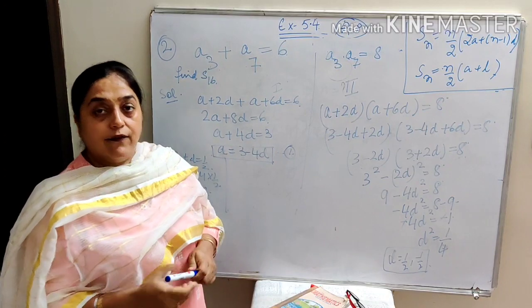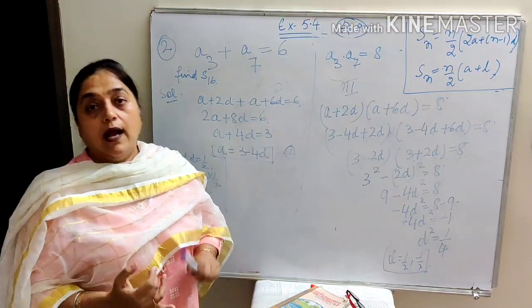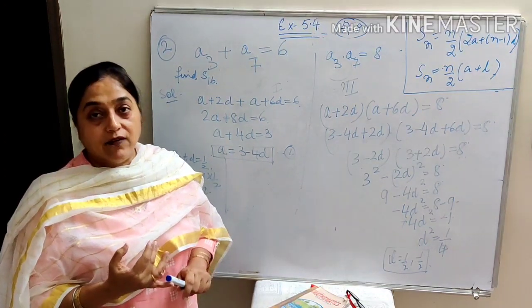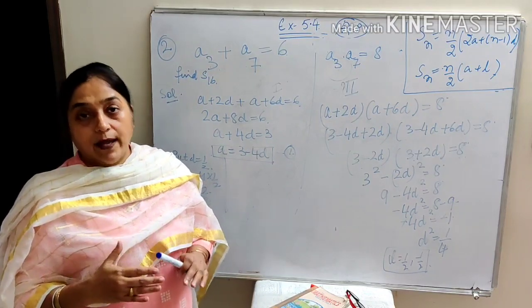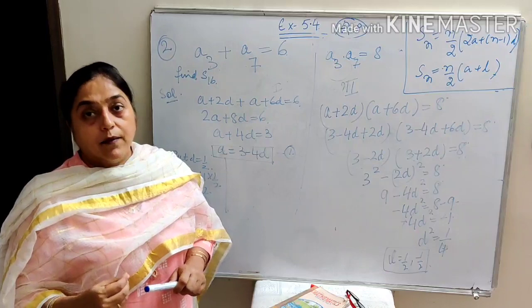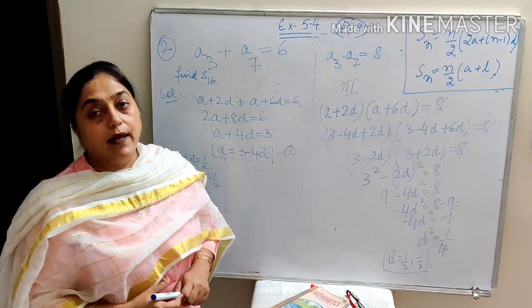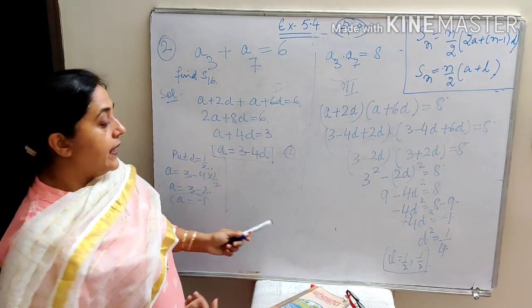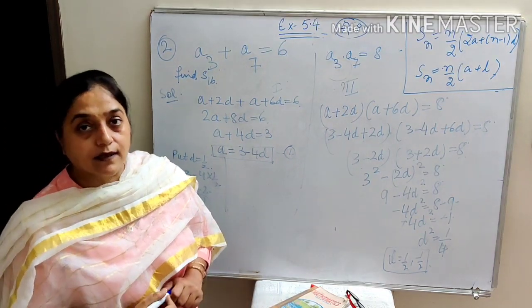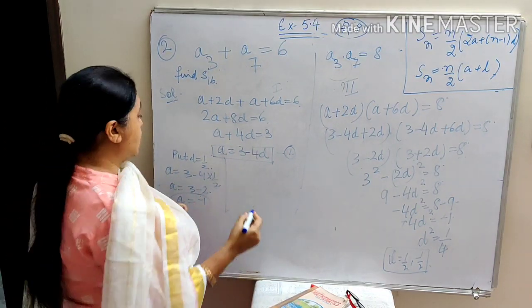I can have A positive or negative, I can have D positive or negative. But I can never have N positive or negative. Why? Because N is the number of terms, so terms can't be negative or fractional. So we cannot discard the negative values of D and A, because they are acceptable.